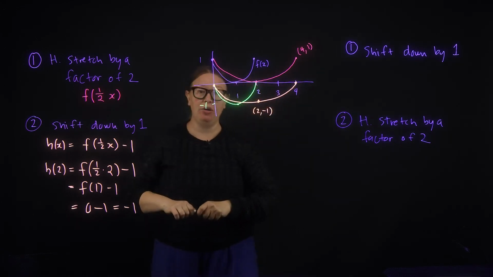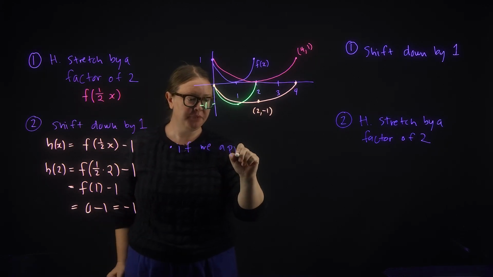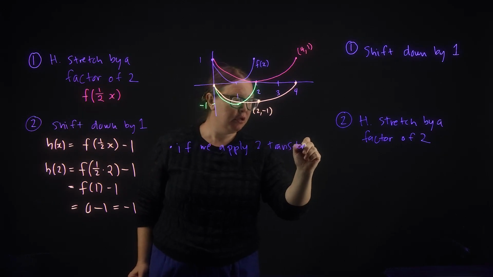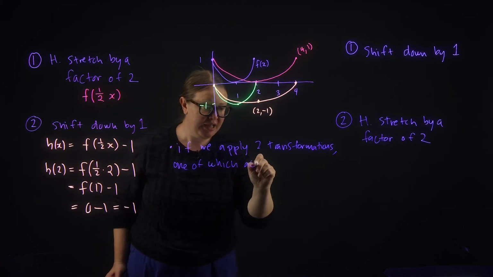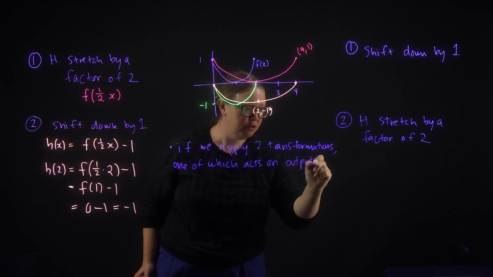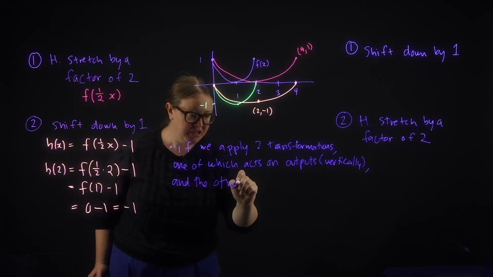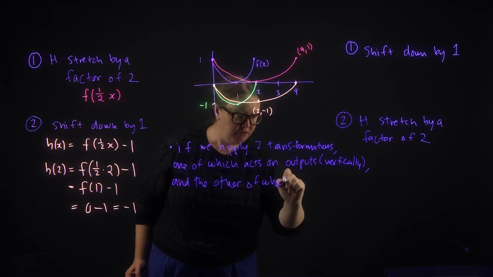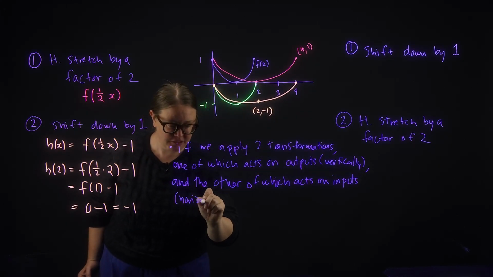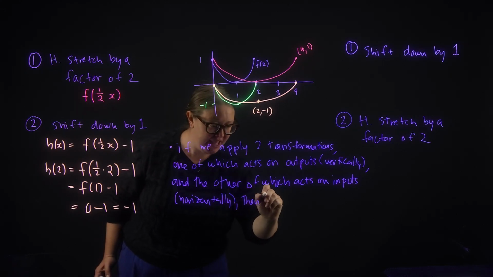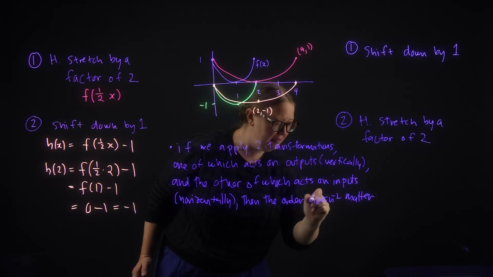The big moral that I want to share here is that if we apply 2 transformations, one of which acts on outputs, or another way to say that is it acts vertically, and the other of which acts on inputs, or another way to say that is horizontally, then the order doesn't matter.